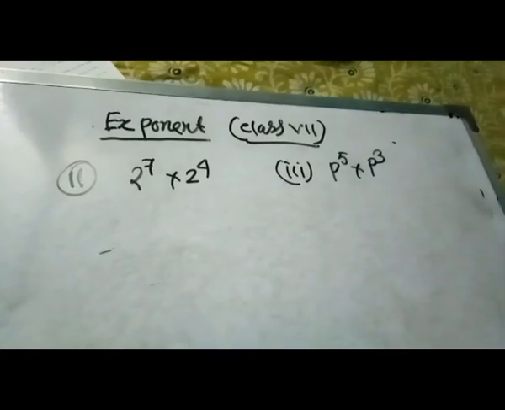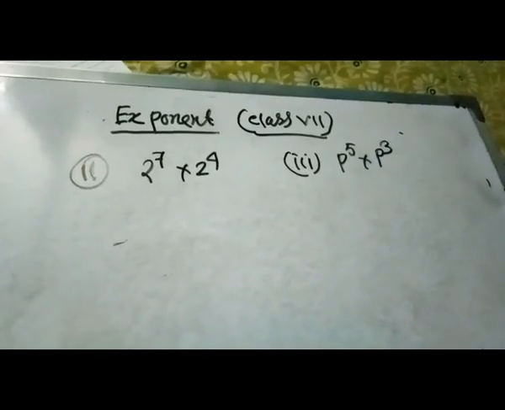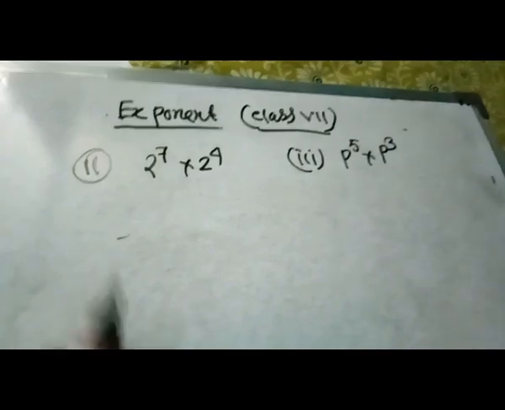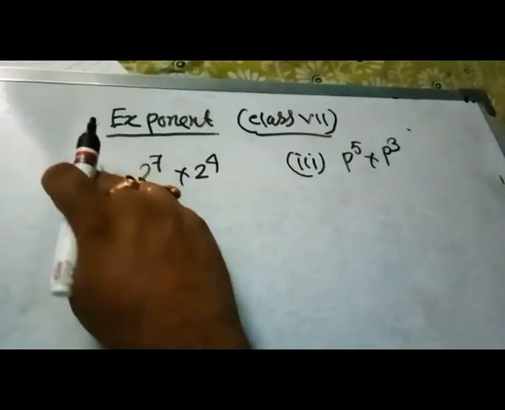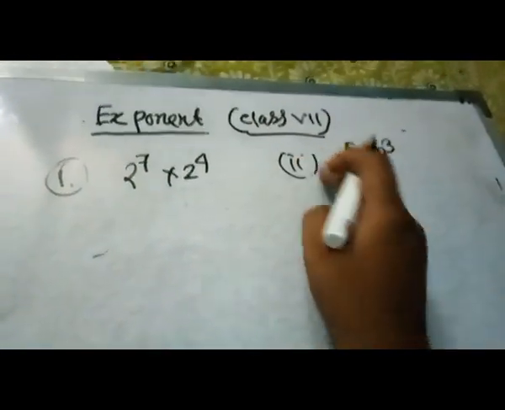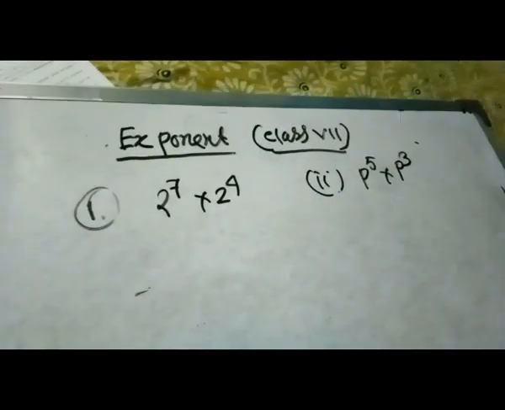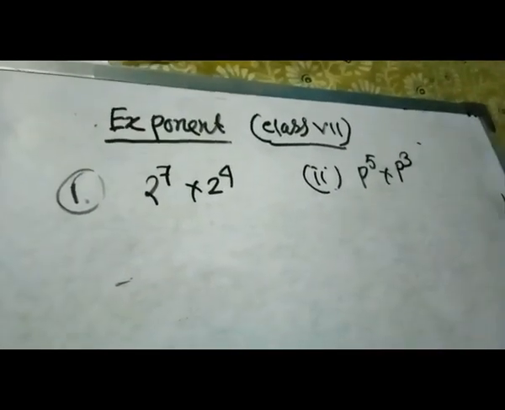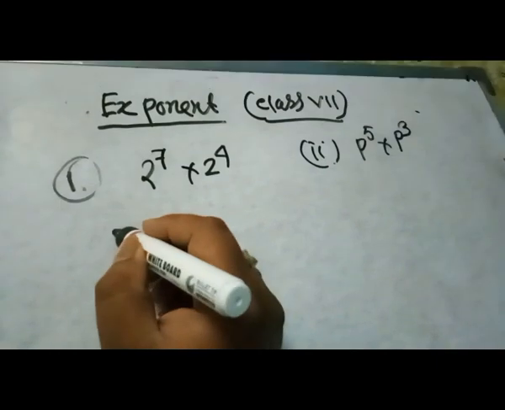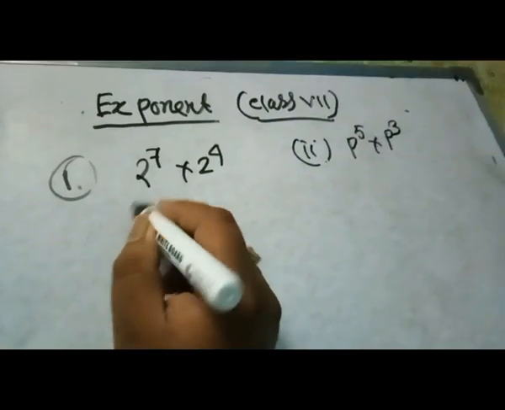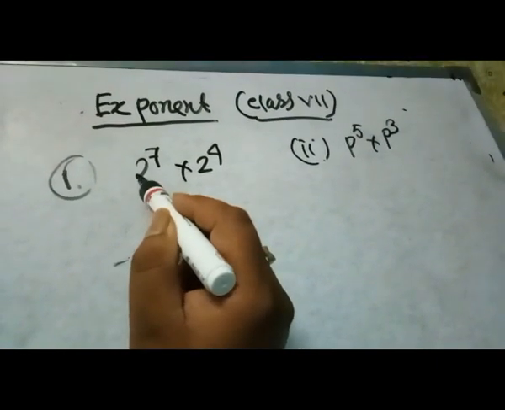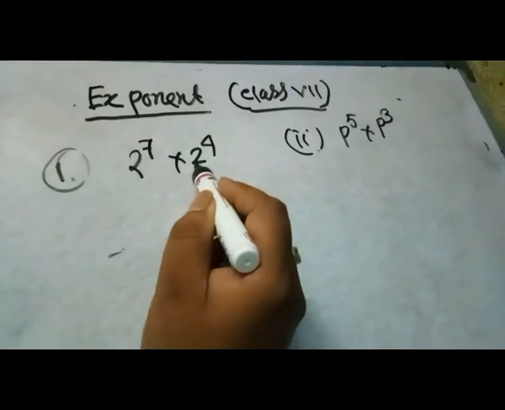Now students, you see that two sums are written on the board. Question number 1 is 2 to the power 7 into 2 to the power 4. Now how can it be done? Here you observe that both the bases are equal.